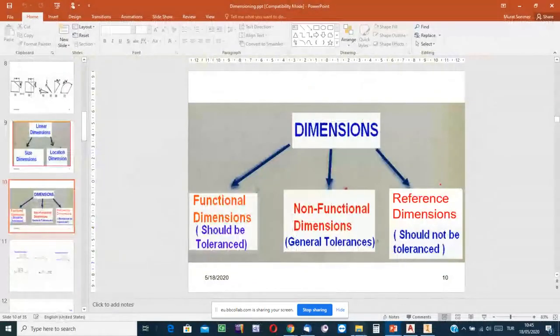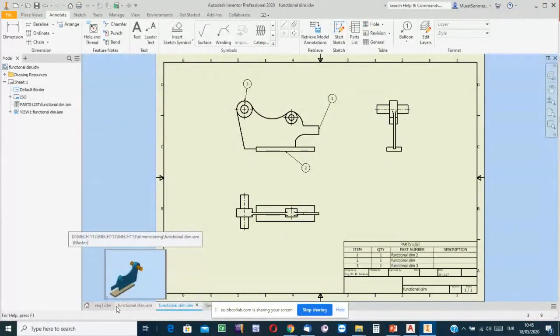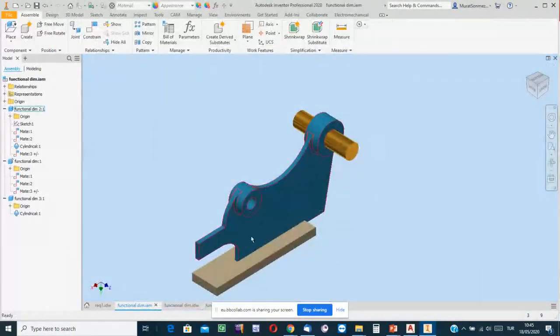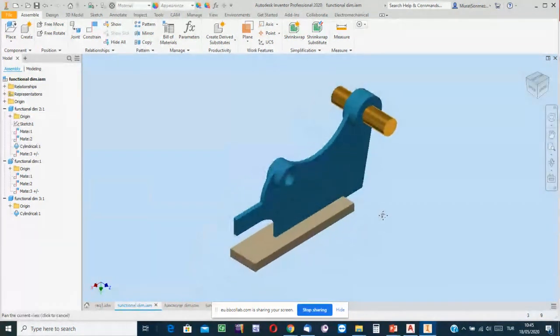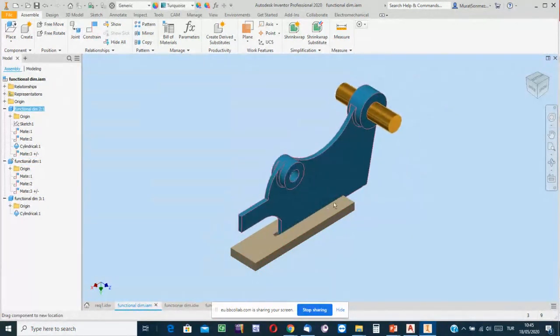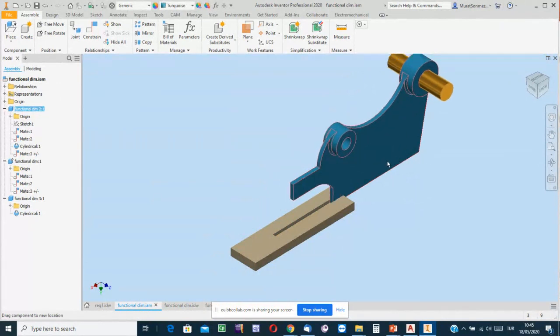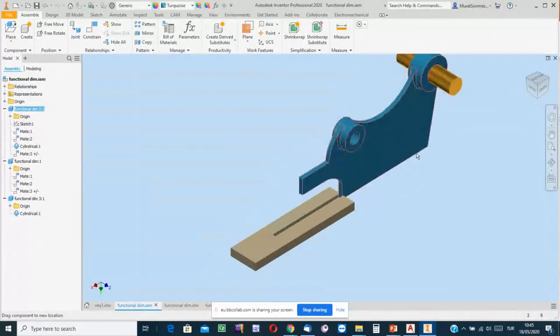non-functional dimensions are dimensions of non-functional features. And I think in my example in the second video record, I use this assembly one more time, talking about the definition, saying functional feature, what do you mean? In the example you see, it is an assembly, a sub-assembly, and the edge of this blue object is to reciprocate in contact with the surfaces of the channel.